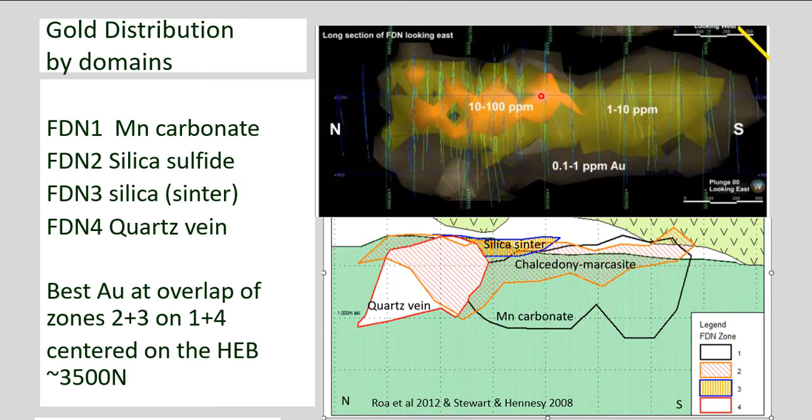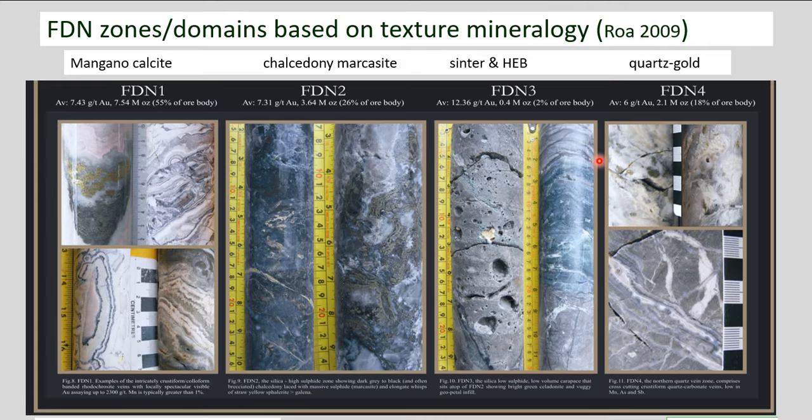Where you go out into the carbonate, the grade progressively drops off from that central zone out to the edge of the manganocarbonate, where it's down to less than a ppm. So there's an overall grade zoning over the 1,200 metre length of the ore body, with the best grade where the zones all seem to overlap together. Next slide.